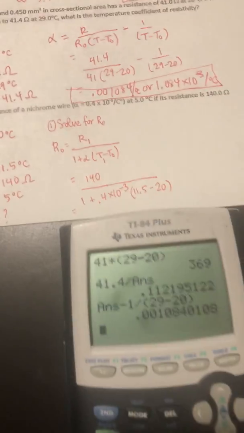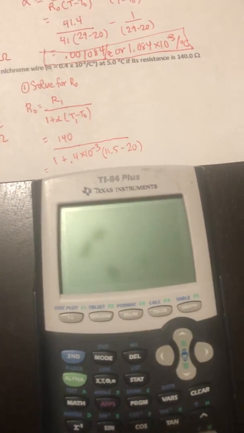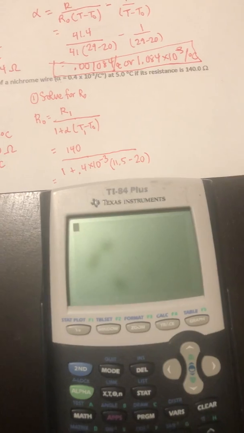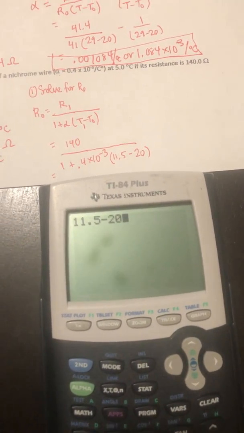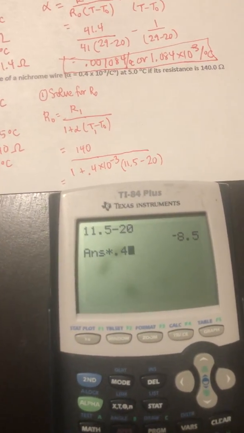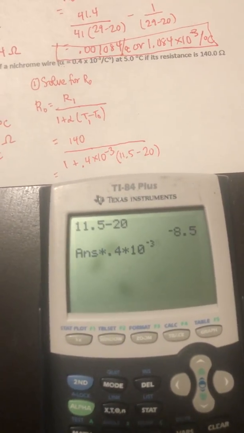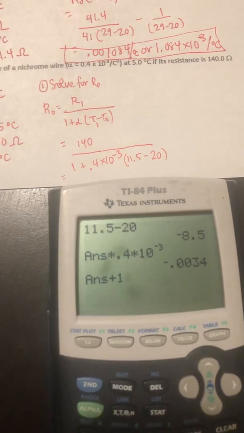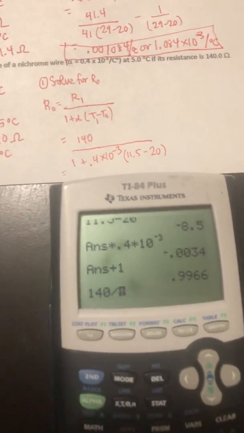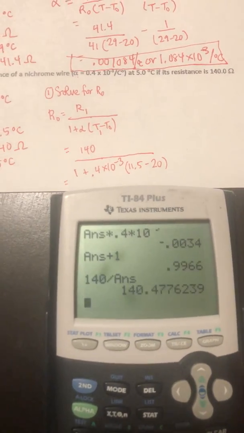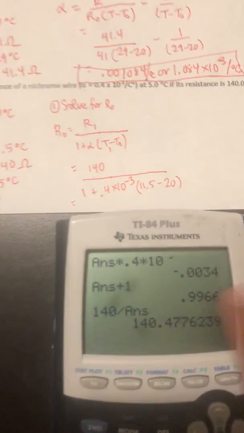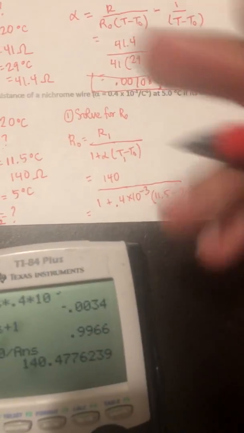Putting this in my handy dandy calculator, I get 140.478.